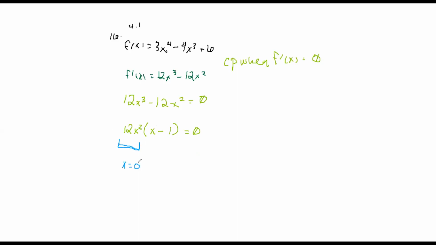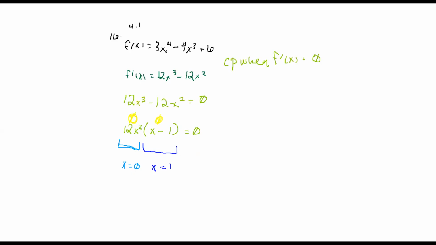x can equal 0, because if x equals 0, this term equals 0. And x can equal 1, because 1 minus 1 would be 0, so this whole thing would be 0 as well. I look at it in terms of these terms to make it easier for myself. I say, what can make this term be 0 and what can make this term be 0?